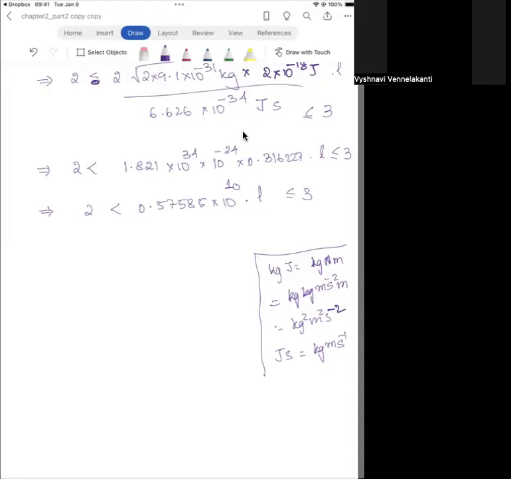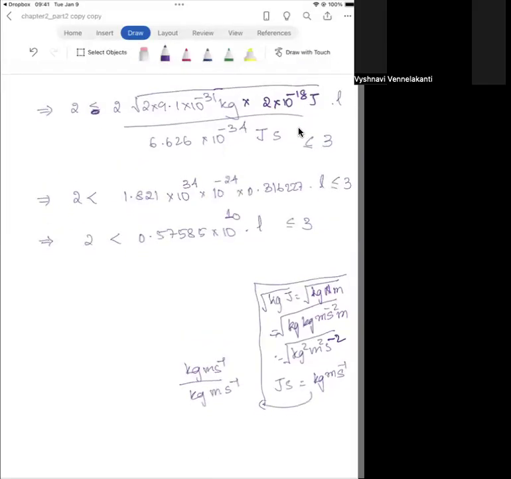When you take the square root of this, in the numerator you're going to have kg meter per second. In the denominator it's supposed to be meter square like that.